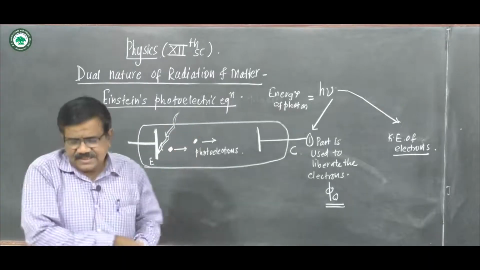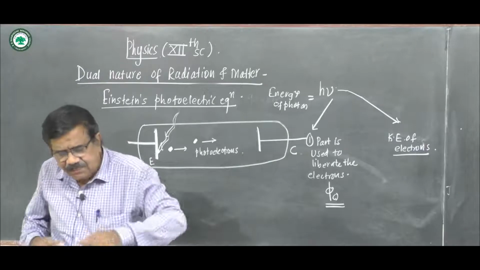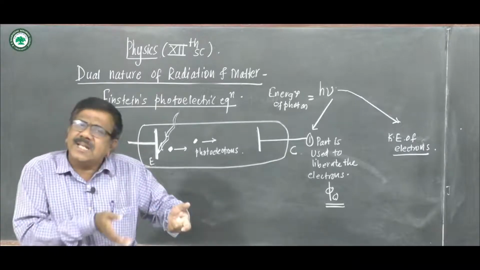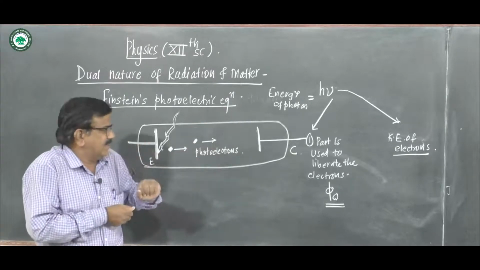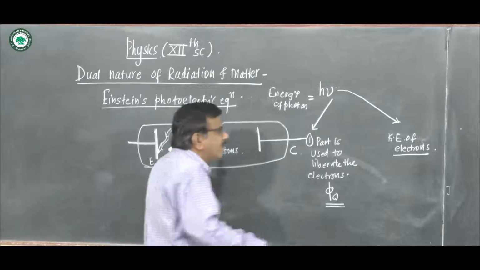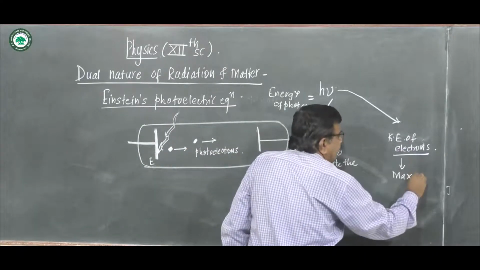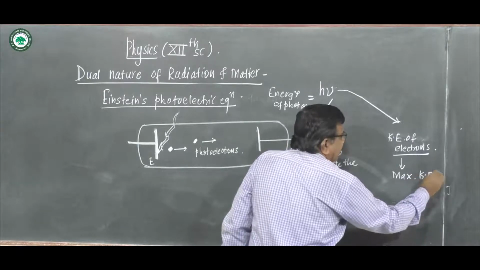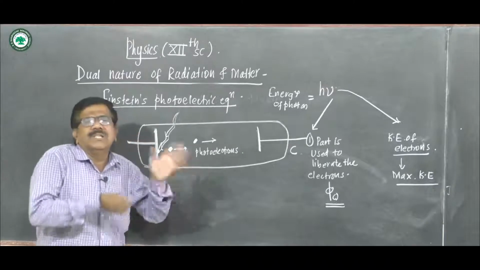During this process, if the electron does not lose any part of the energy in collision inside the surface, then it escapes with maximum kinetic energy. This kinetic energy will be maximum if there is no loss of energy during the collision.